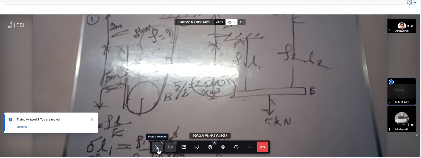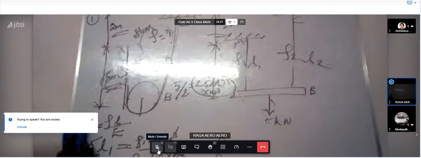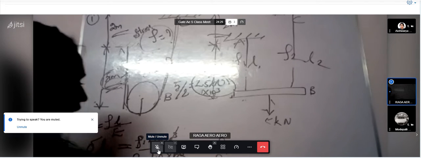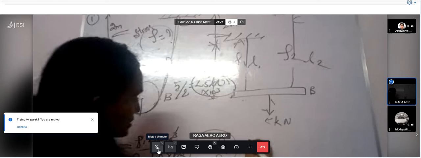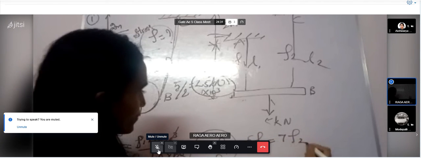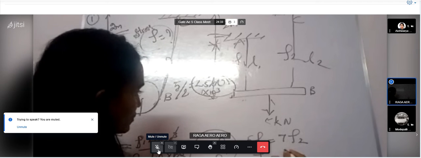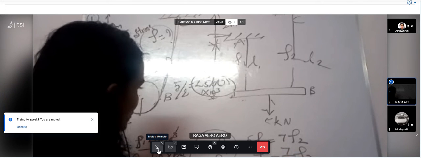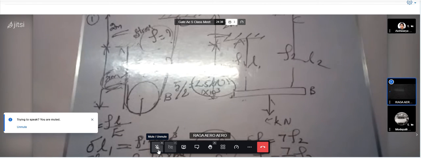Anyhow the deflection happens in this equal manner. So we are equating these two things. We will have some relation by equating this: 5 stress 1 equal to 7 stress 2, or 5 stress 2. Otherwise you can have it as 4 stress 2.